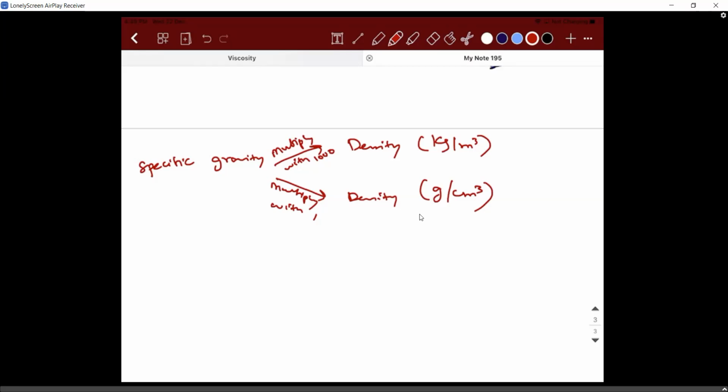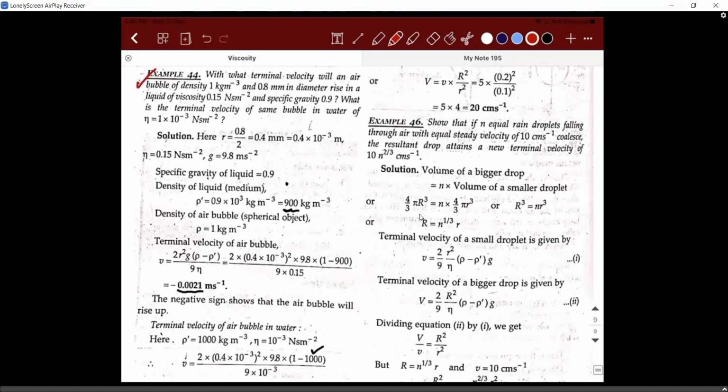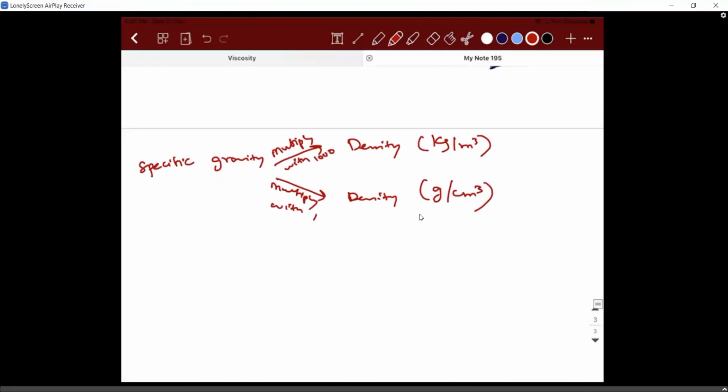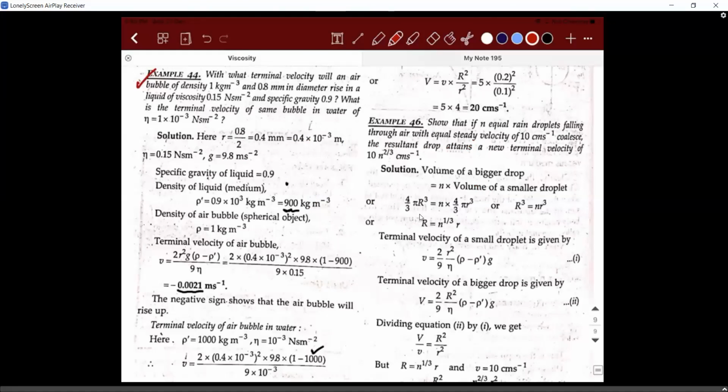Nine hundred. Right? Then specific gravity is this.